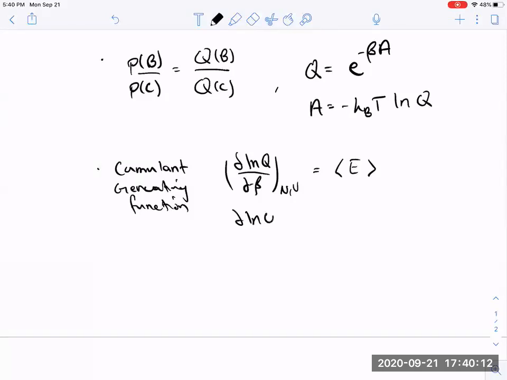Similarly, if we take two derivatives of log Q with respect to beta, as a cumulant generating function, a second derivative generates the second cumulant, i.e. the variance of the energy, which we've noted in a pretty exciting demonstration, that fluctuation in the energy is nothing more than k_B T squared times the heat capacity of a system, thereby establishing a microscopic relationship between a thermodynamic response function, how the energy changes or responds to a change in temperature, and a fundamentally microscopic quantity like how large the fluctuations in the energy are.